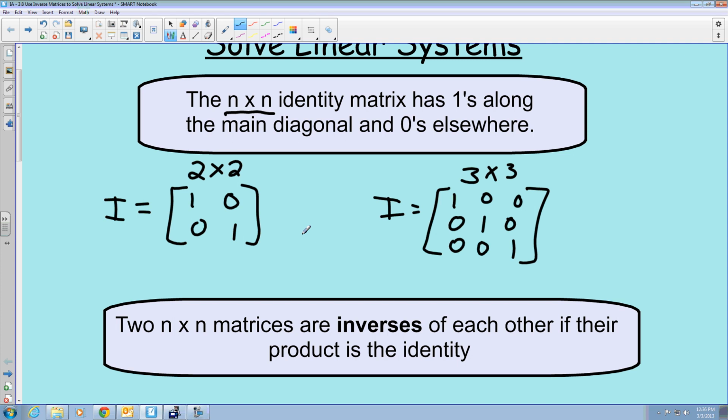So if I multiply two 2 by 2 matrices together and the product looks like this, I can assume that those two matrices are inverses. If I use 3 by 3 matrices and the product comes out looking like this, then those two matrices would be inverses.